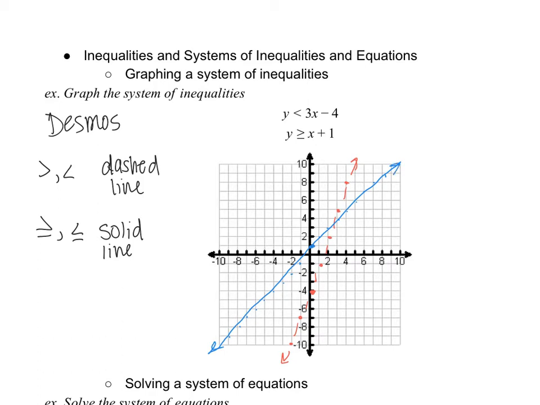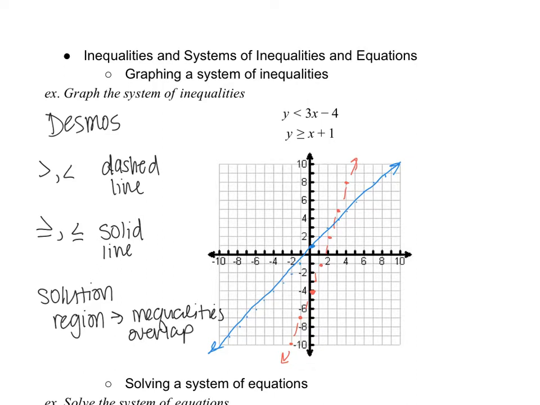The next step is to shade the overlap region. So the solution region is where the inequalities overlap. And in this case, if we're looking at Desmos specifically, the region where the inequalities are going to overlap is this top region.